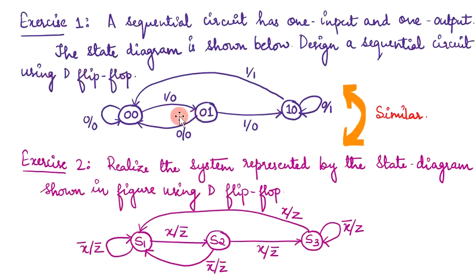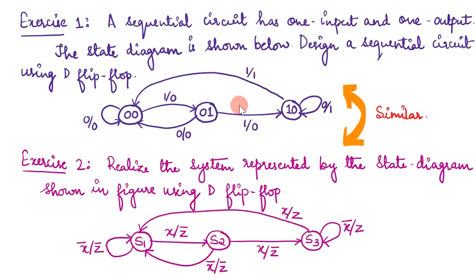Now in this particular case, they have specified the states: 0, 0, 0, 1, 1, 0. Since you have 0, 0, 0, 1, 1, 0, this clearly needs to be represented using 2 variables. So you will require QA and QB. That means you will require 2 D flip-flops for the design.